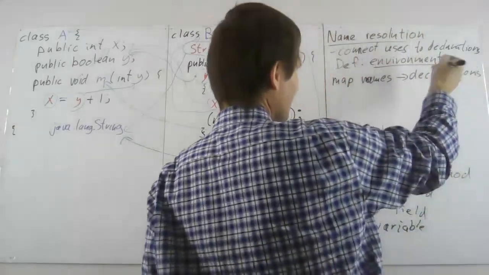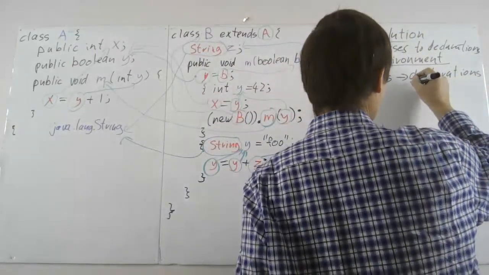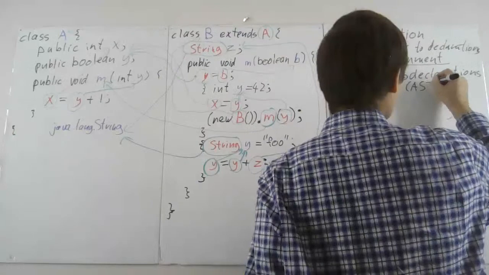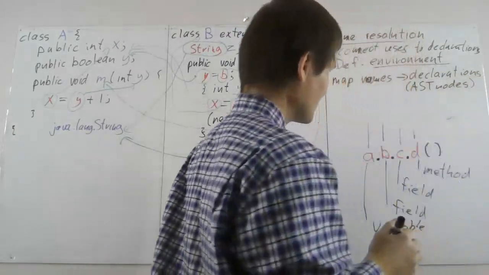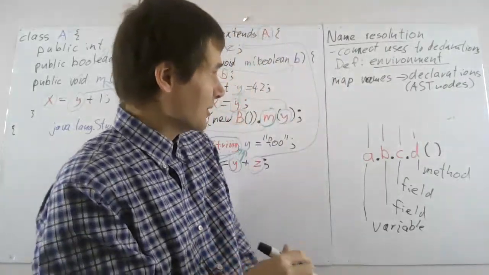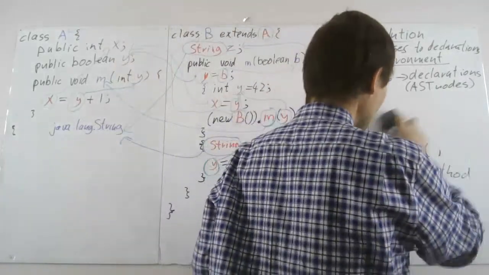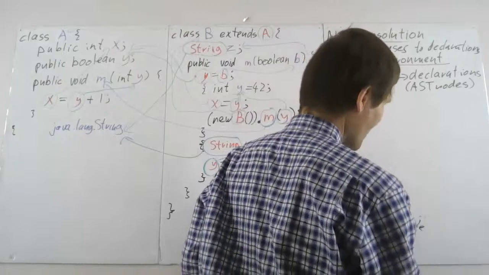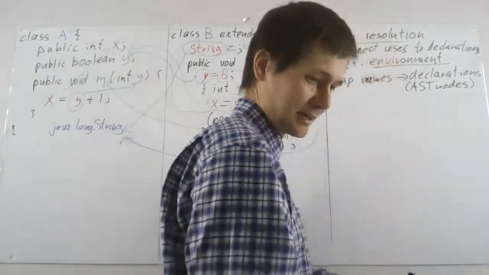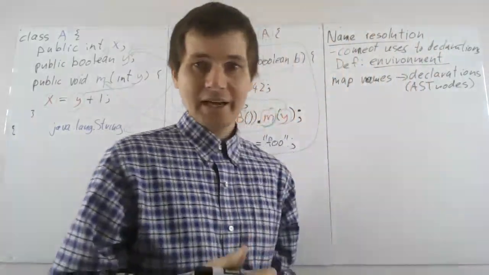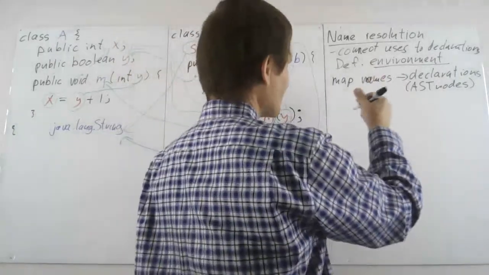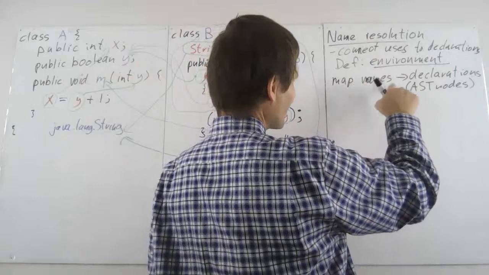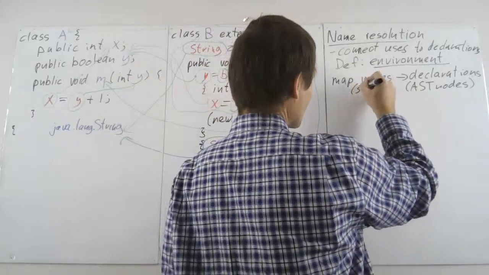So the declarations, I mean the AST nodes, right? We talked about abstract syntax trees last time. So the idea is I'm going to have some hash map or some other implementation of a map data structure that's going to take the names, which are just strings, right?